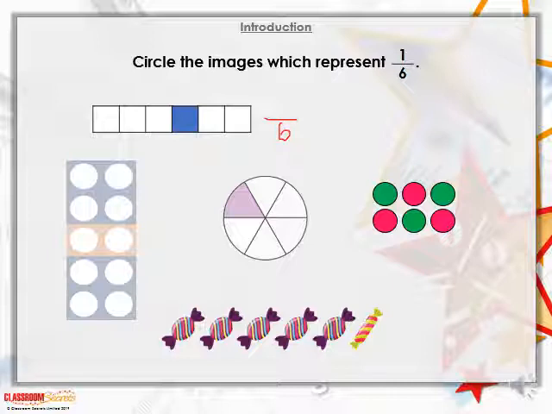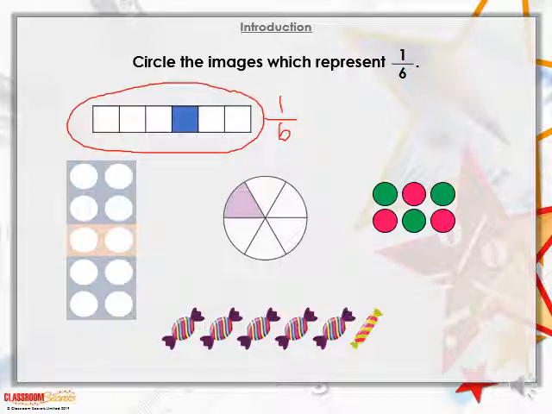It's been split into 6 equal pieces. And then let's have a look at how many pieces we have. We can very clearly see that we've got 1 piece. So we've got 1 out of 6. So 1/6. So we know that this shape represents 1/6. And I'd like you to try and do the same thing for the other 4 images.